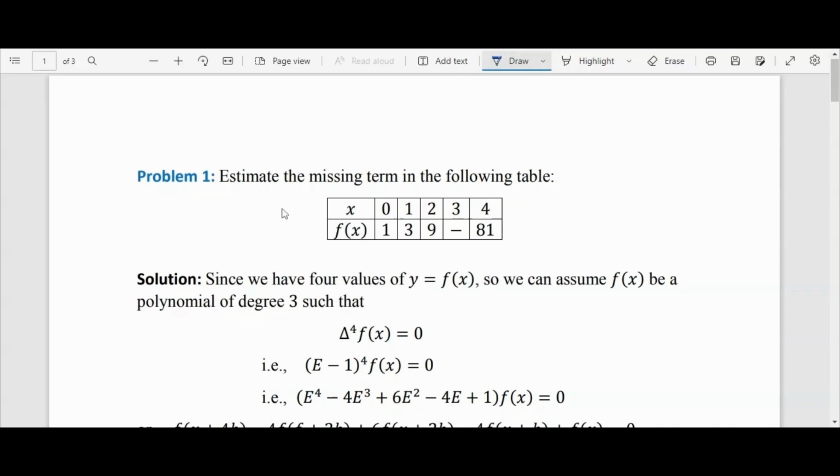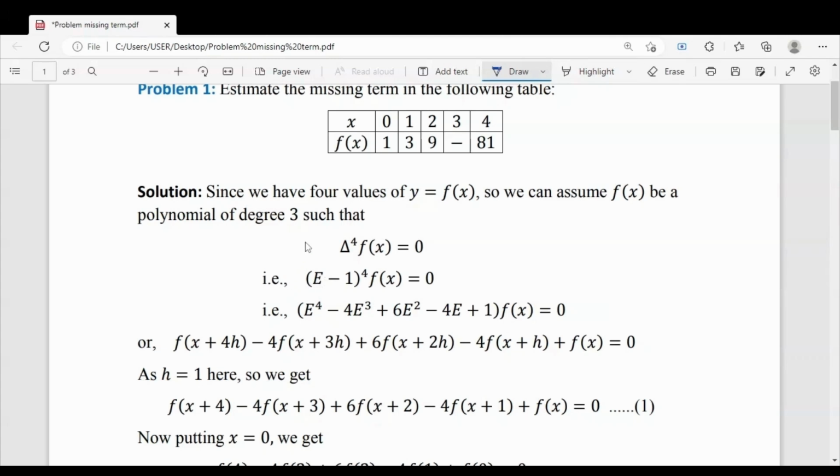First problem. Estimate the missing term in the following table. X and corresponding f(x) values are given in this table. X equal to 0, 1, 2, 3 and 4, and corresponding f(x) values are 1, 3, 9, and you have to find the value corresponding to x equal to 3, and the last value is 81.